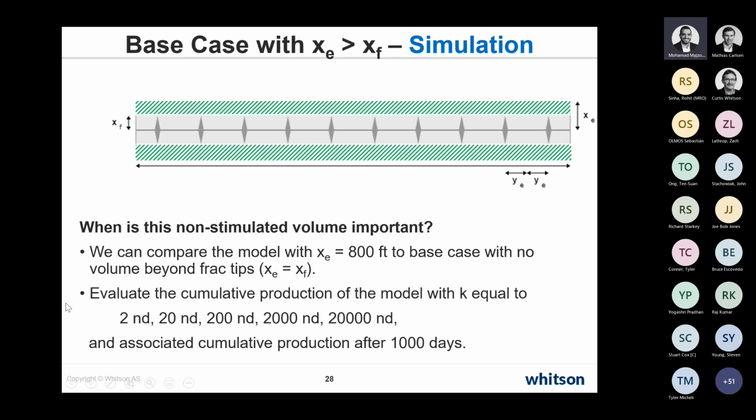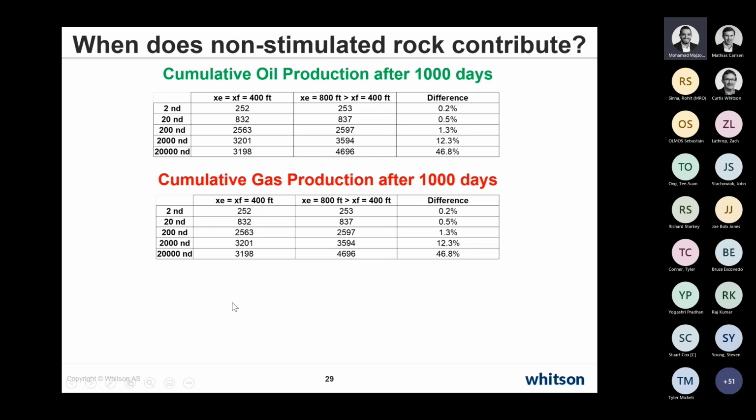We ran these cases and the results are basically what's shown on the screen. Let's look at the cumulative oil production, for example. The first column is if you don't have volume beyond the fracture tip, so that's the cumulative production at 1,000 days.